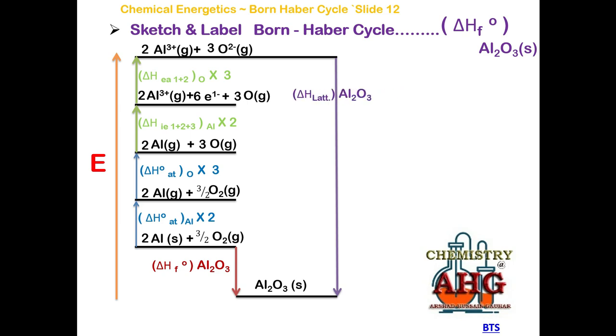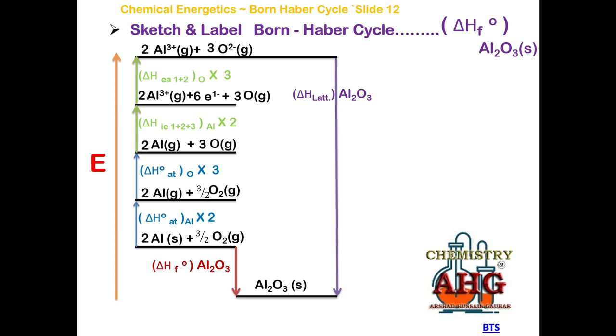So students, you can see we have constructed the Born-Haber cycle, and most of this information we have used from thermochemical equations of Hess's law. So if you have watched the earlier lectures of this chapter, then sketching the Born-Haber cycle would not be a problem for you.